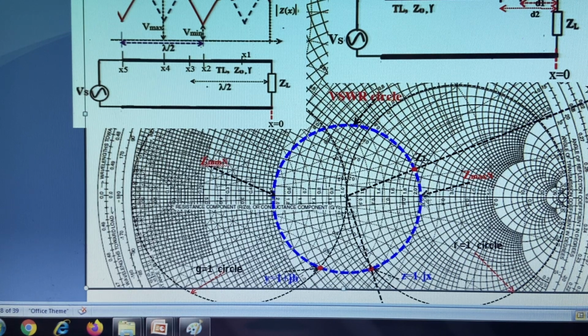As we started from the load and moved like this, we come across an impedance at some particular position whose value is 1 minus jx. That means the real part is 1, and there is some reactance value here.